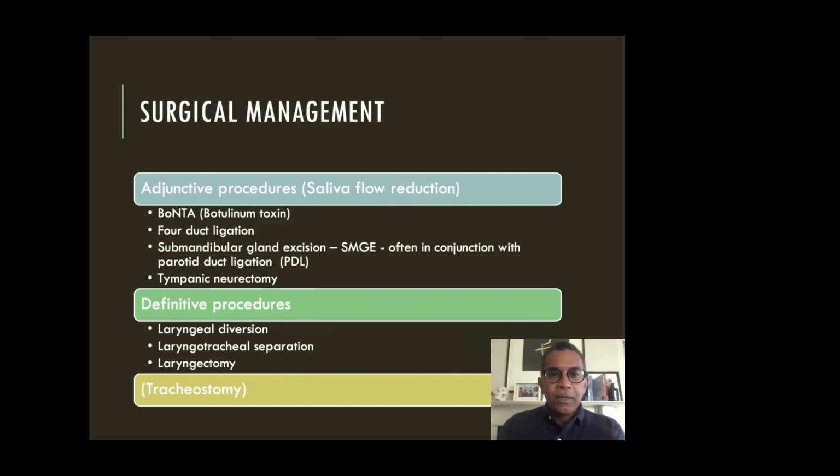The common salivary flow reduction procedures include duct ligation, submandibular gland excision, often in conjunction with parotid duct ligation, and rarely tympanic neurectomy. Definitive procedures include laryngeal diversion, laryngotracheal separation, laryngectomy, or in some cases a tracheostomy, via which suctioning of secretions can be performed easily.